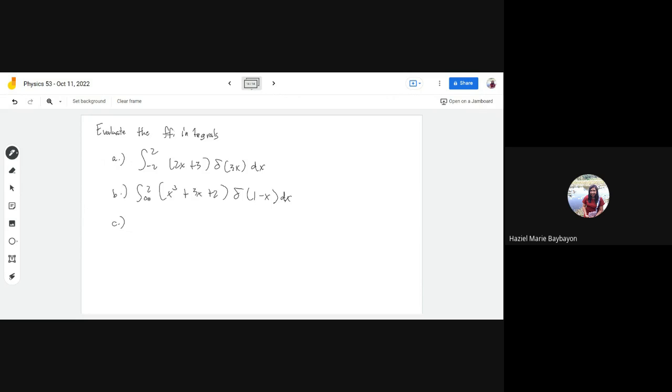So this one is from 0 to 2, negative 2 to 2. The last one is from negative 1 to 1. Okay, so please solve this one. By the way, this is 9. Okay, so please write this on a 1/2 sheet of yellow paper to be submitted within this day.